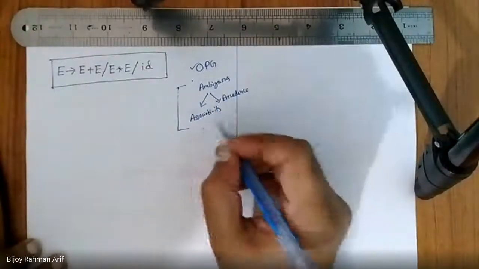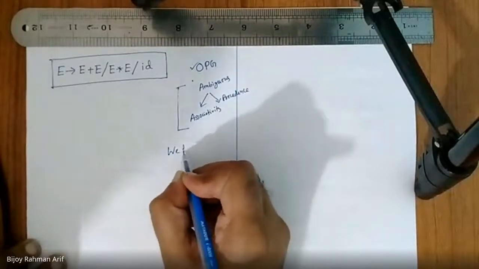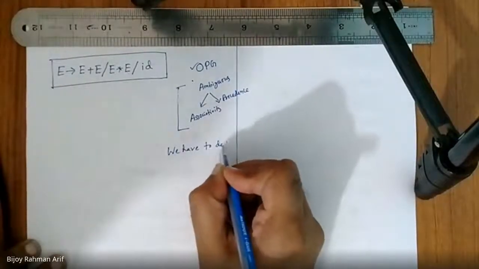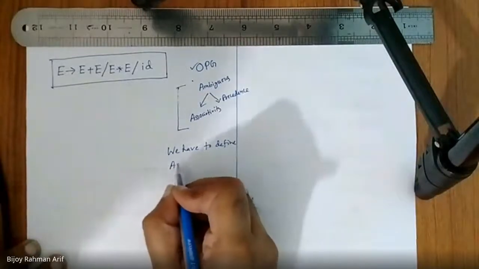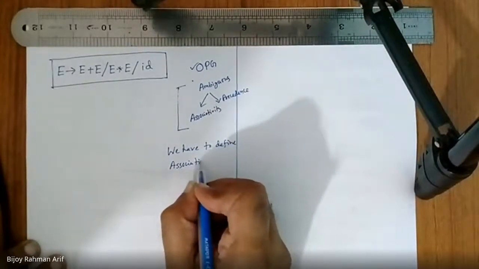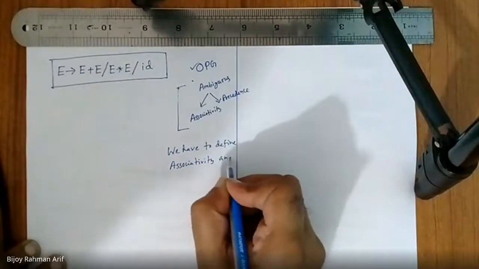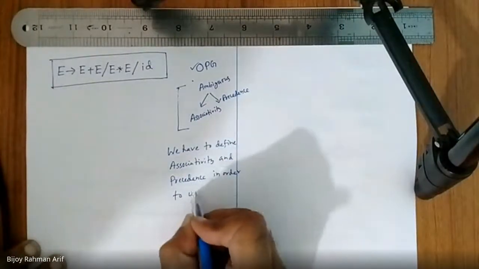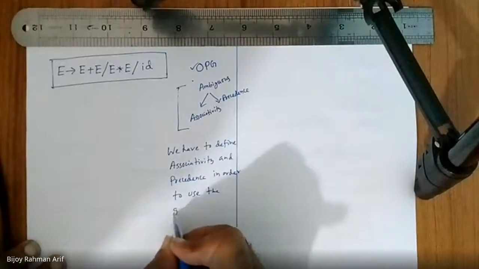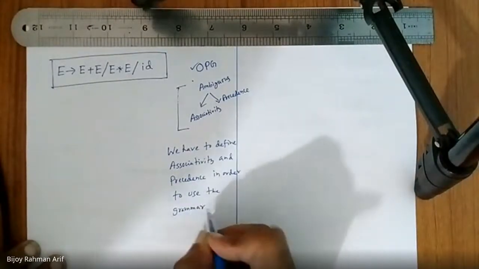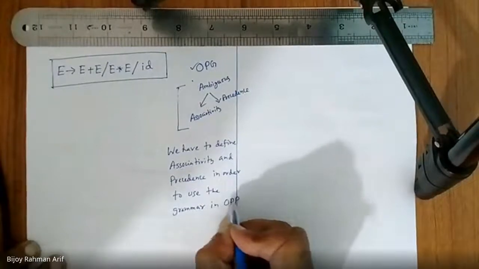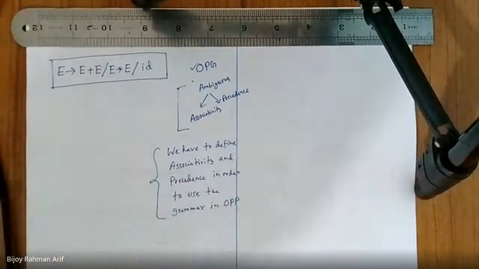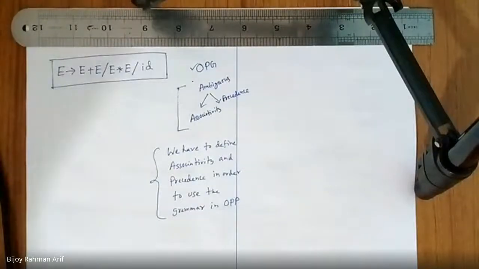So we have to define associativity and precedence level in order to use the grammar in OPP. Now, the catch is we don't know associativity and precedence. Am I right or not?